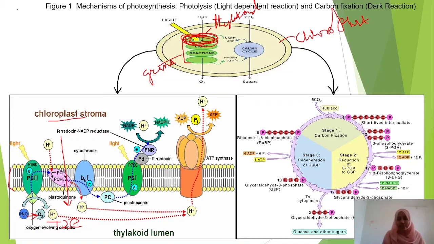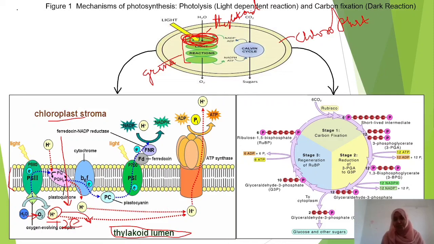And the second way, the photolysis of water releases proton ions, which are also accumulated in the thylakoid lumen. So the proton ions accumulate in the thylakoid lumen in two ways: one is the photolysis of water, and second is during the passing of electrons from one carrier molecule to another. This is how a proton gradient is developed in the thylakoid lumen.